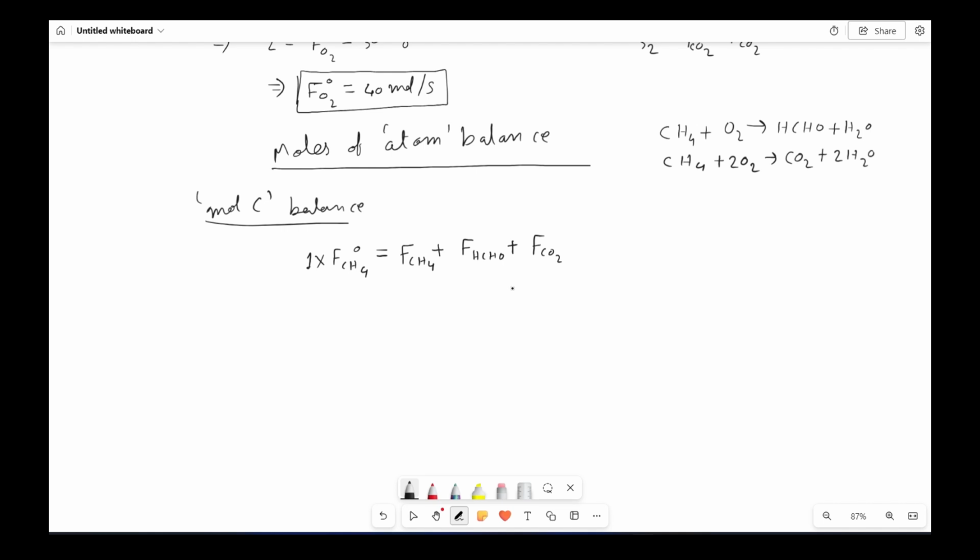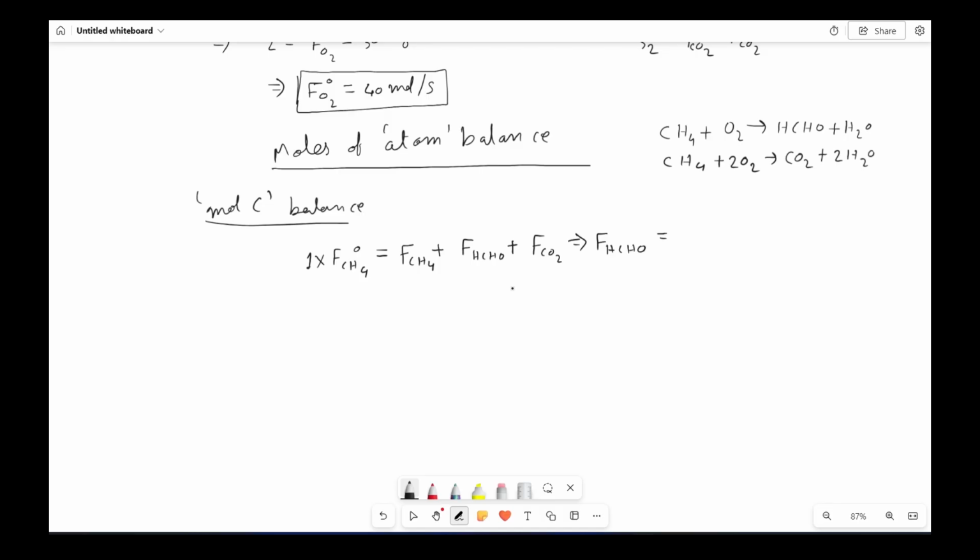This is one equation. From here, CH4, CO2 and CH4 naught are all given, so we can easily get FHCHO.